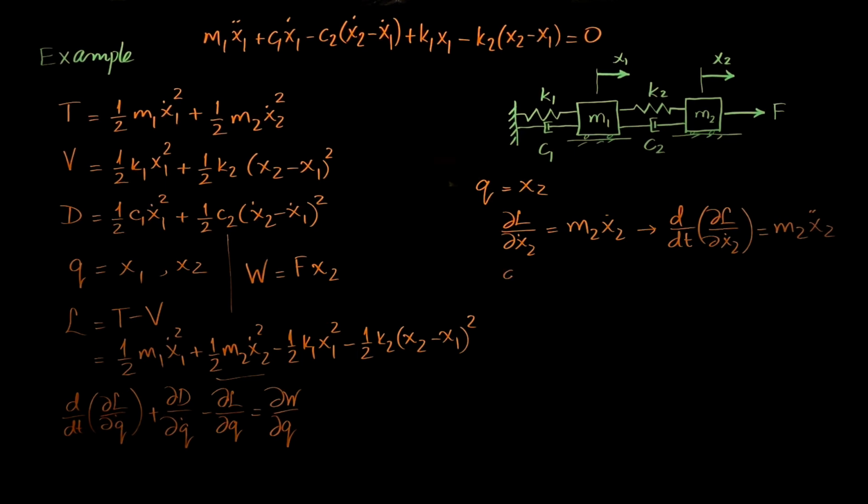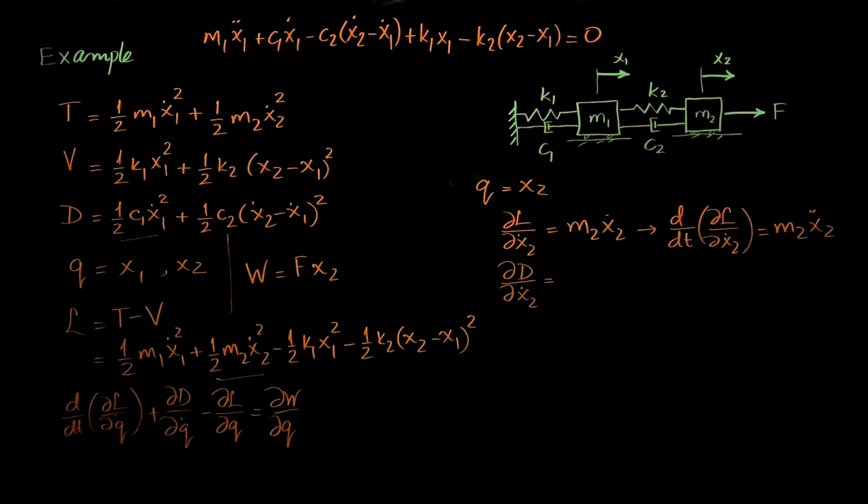The second term, the partial derivative of the dissipation function, partial D partial x2 dot, equals, the first term does not include x2 dot, so that's 0.